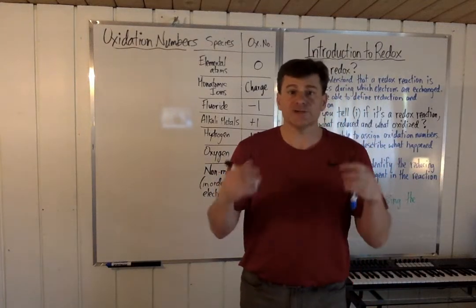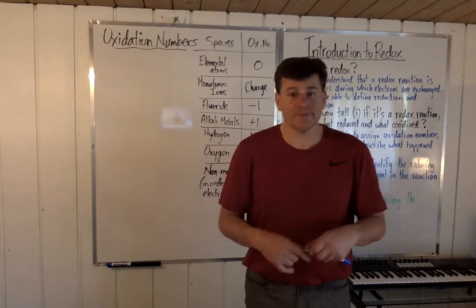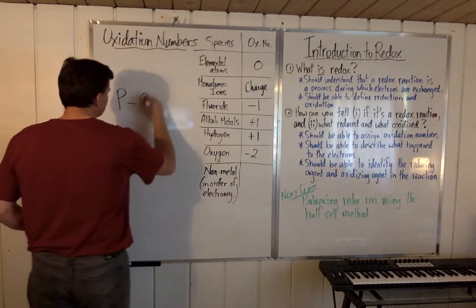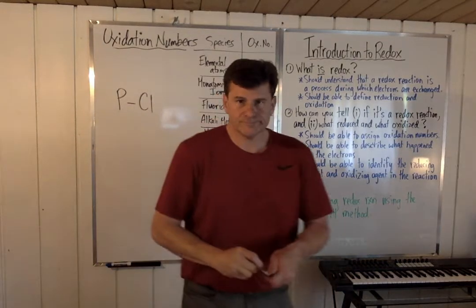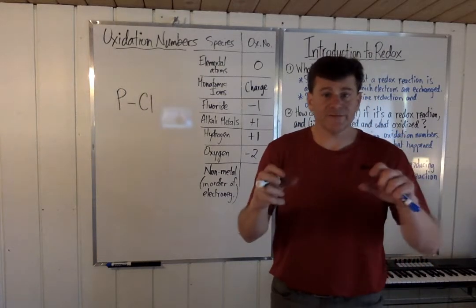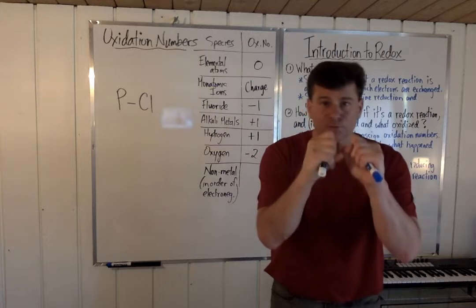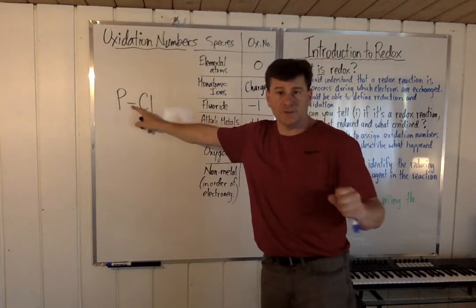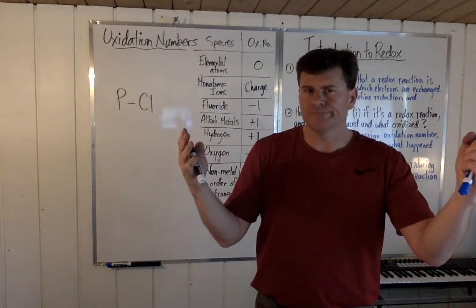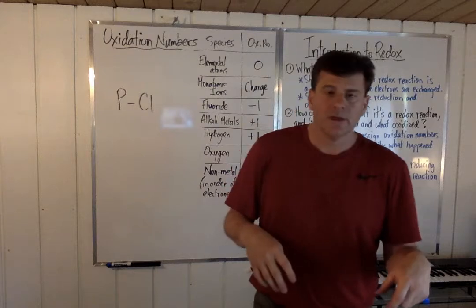So if you go back to the concept of an oxidation number, imagine you've got two nonmetals. Let's say you've got phosphorus attached to a chlorine. And don't worry about the bonds being filled properly or not. You just got a phosphorus and a chlorine. The oxidation number concept is if you took those two atoms and ripped them apart, so there's two electrons holding them together, where do the electrons go? Who gets the extra electrons?